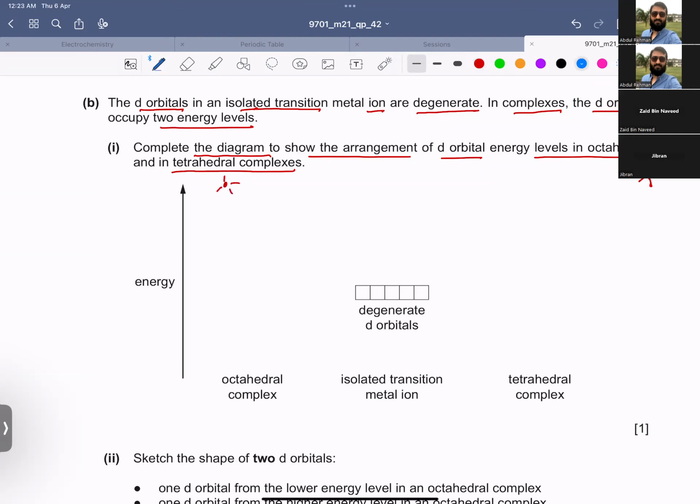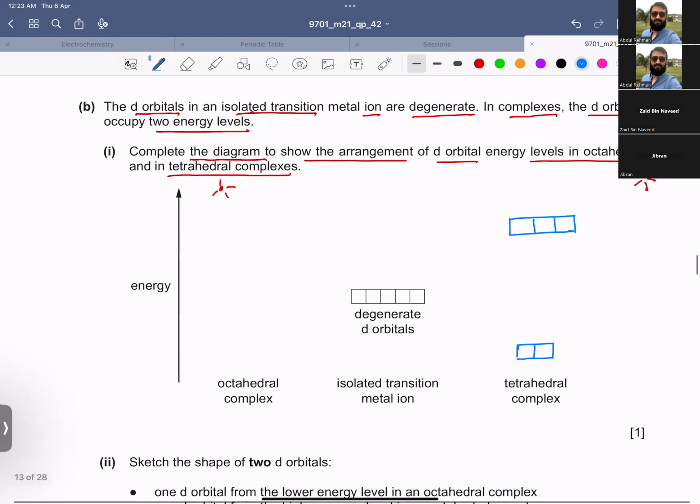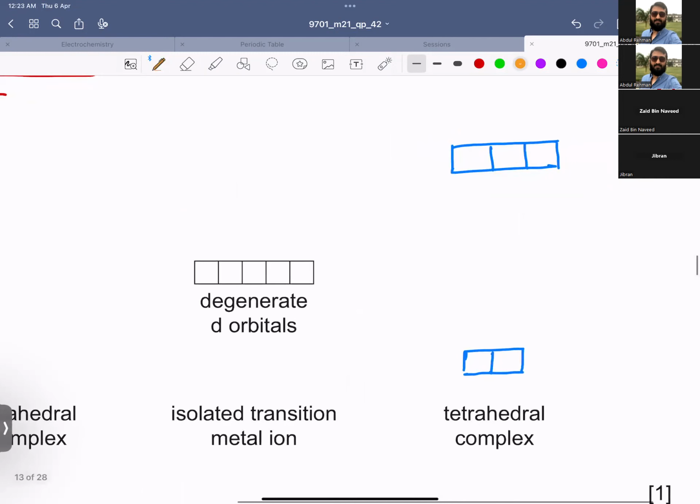So in tetrahedral complex, the orbitals which are between the axes have higher energy, and the orbitals which are on the axis have a lower energy. If I label them, then it is dxy, dyz, and dxz, and these can be dx square minus y square, and dz square.